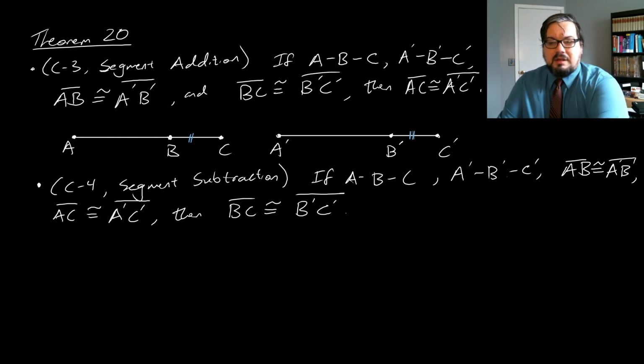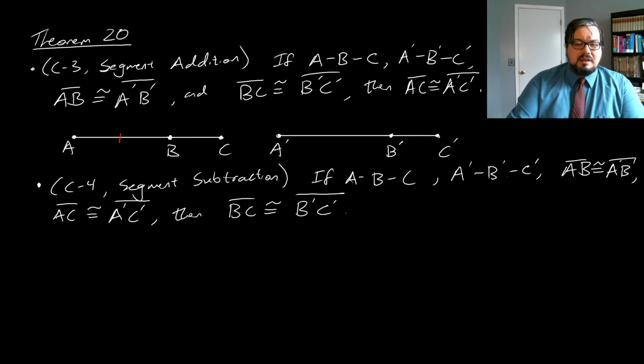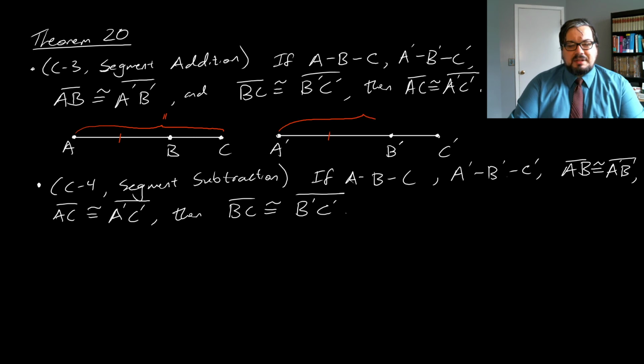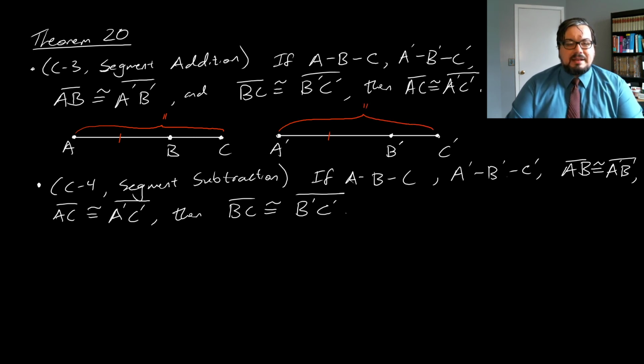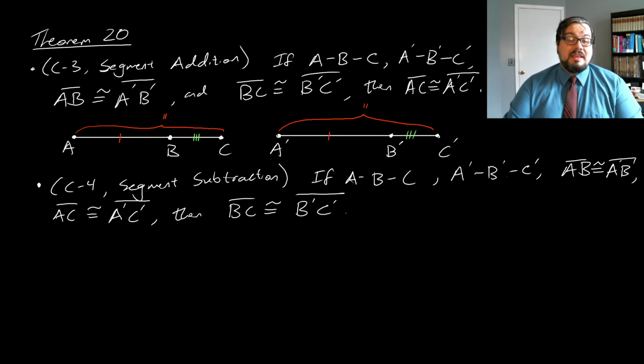So for this problem, we're saying that AB is congruent to A prime B prime, and then if I look at the whole segment AC, that's congruent to the whole segment A prime C prime, and if I have that situation, then that means that my segments BC and B prime C prime have to be congruent also.